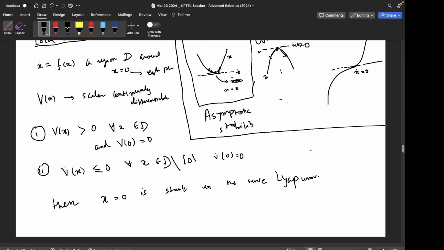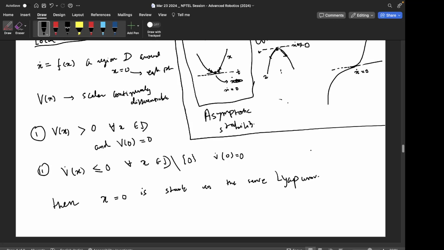The main thing here, and that's what we solve for in problems, is that V(x) will not be given to you; with some intuition and experience of solving questions, we have to construct such a V(x). First we have to satisfy the property in point 1, that V(x) is always greater than 0, and at x equal to 0 it is 0.